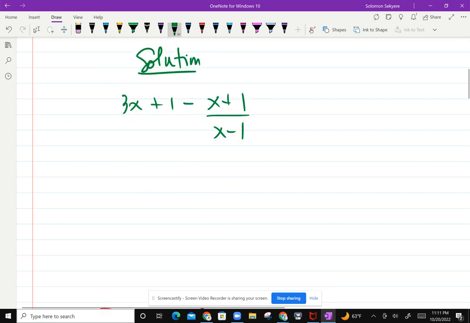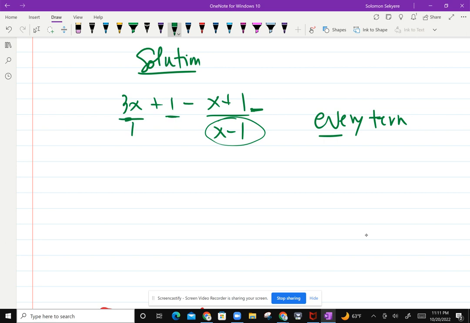So what do we do? We take the denominator, which is the whole x minus 1, and we are going to multiply by every term. We've got 1, 2, and then 3 terms. So we take 3, x minus 1 over here. This is over 1, this is over 1.